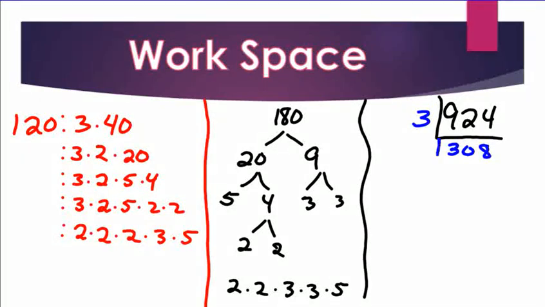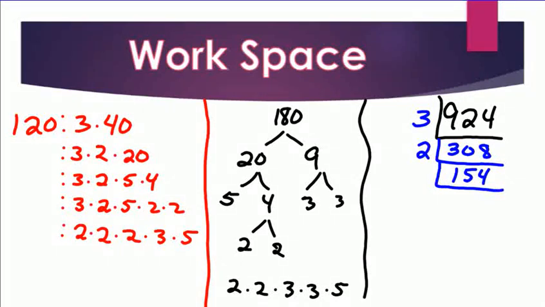Then we can divide this by prime numbers again. So we have 308 divided by a prime number. Prime number here we would say to be 2. So 308 divided by 2 would give us 154.